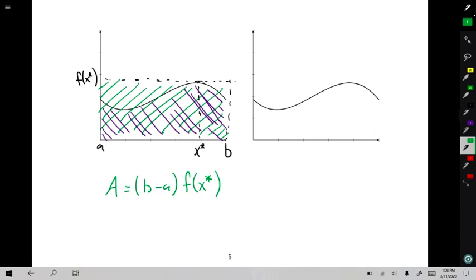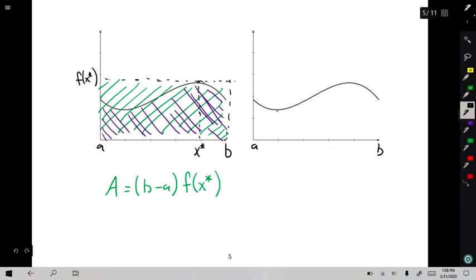So maybe we want one more type of estimate, and this is going to be a lower bound for the purple area. So this time, instead of looking at the largest y value for my height, I'm going to look at the smallest y value between a and b for my height. That occurs right around here.